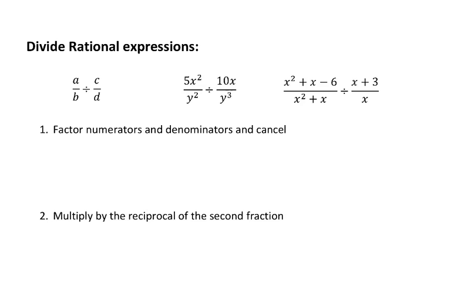Okay, here we are. We're dividing fractions. In order to do this, we need to multiply by the reciprocals. So here I have a over b, and I want to divide it by c over d. To do so, I flip the second one, and it becomes multiplication.